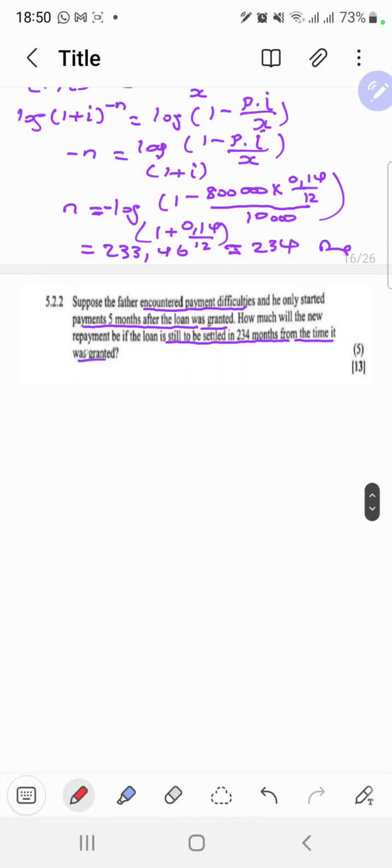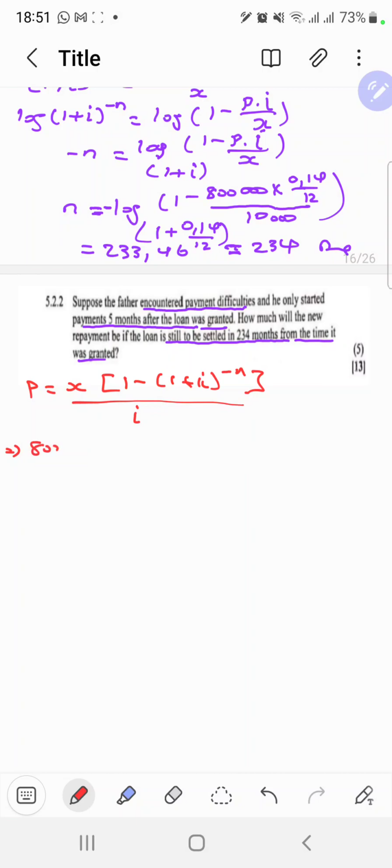So now we need to calculate how much he's going to pay. Our present value formula will tell us that we're going to pay this X amount like this, all over I. But now, what is that present value? That present value is itself going to be 800,000 into 1 plus 0.14 over 12.